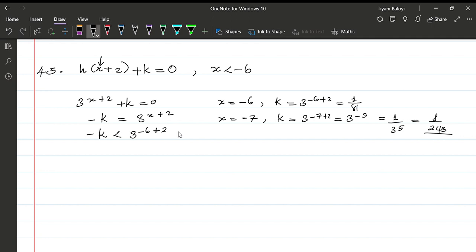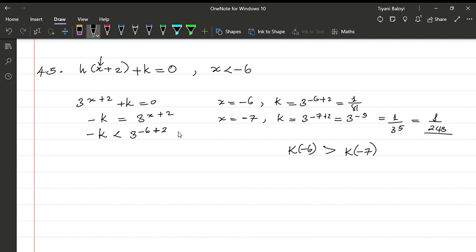So we know that this is greater than this. So when k is 6, it is greater than when you have k 7, right? And we want our x values to be less than -6, right?